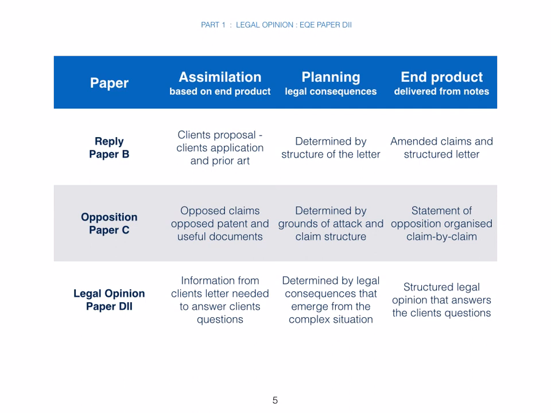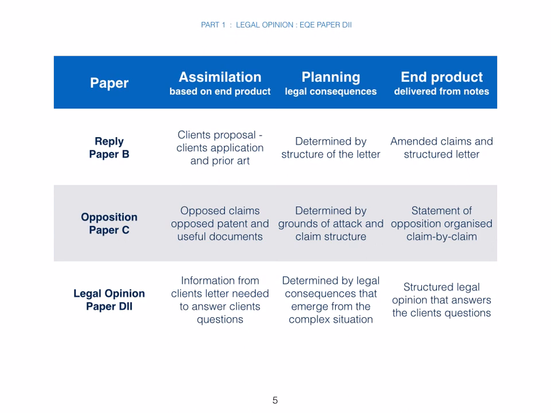In the opposition paper, which is paper C, the materials you have to assimilate are the opposed claims, the opposed patent, and the documents provided by the client for attacking the opposed patent. Your end product is going to consist of more or less only a statement of opposition, organized claim by claim, claim ground document structure.